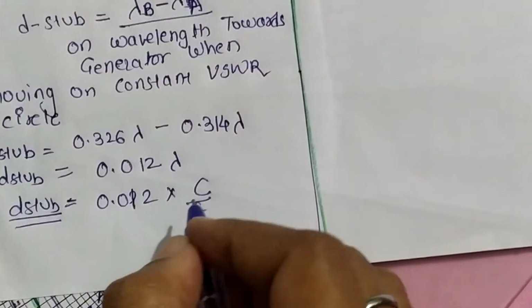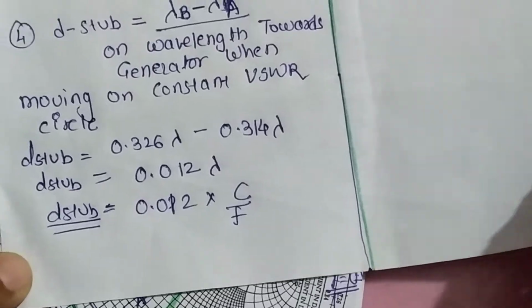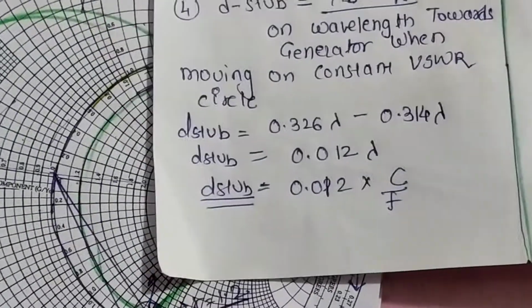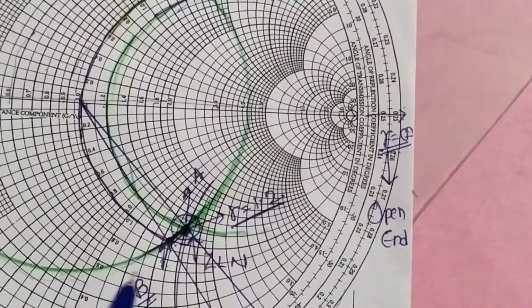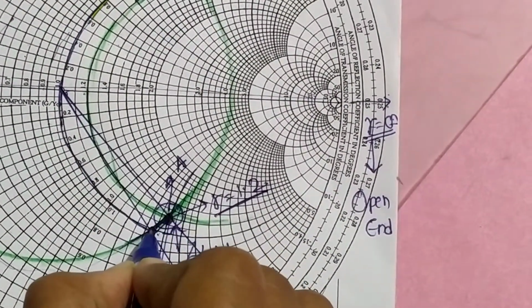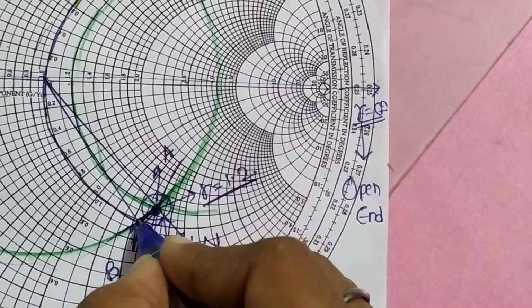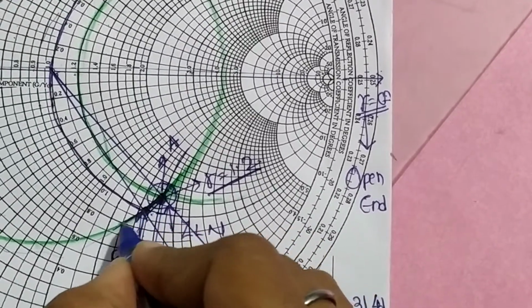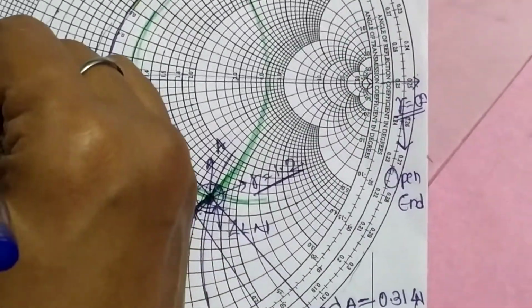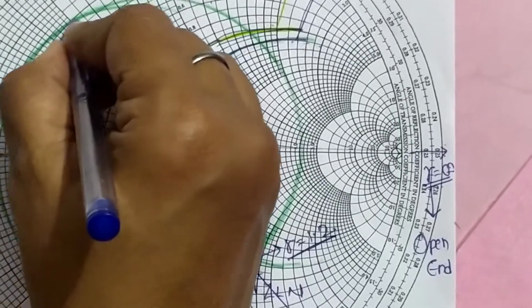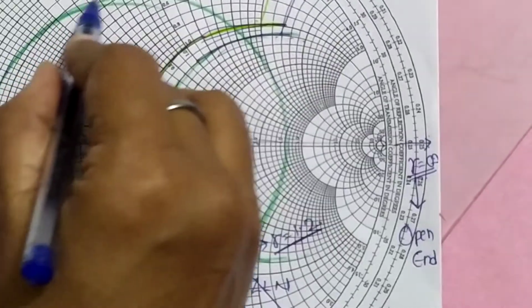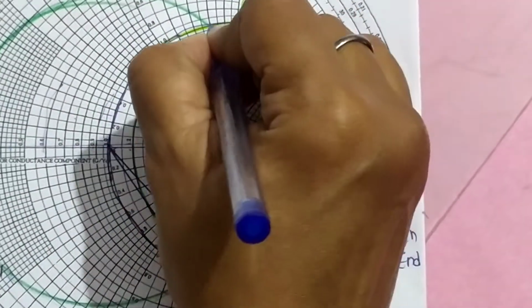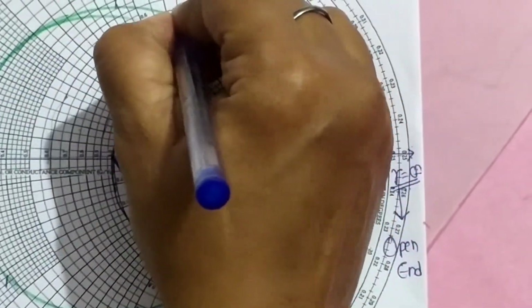Now what is left? Left is to know the L stub. Now I am at point B. Let me move along the constant VSWR circle in a clockwise direction, and now I am reaching point Z1.